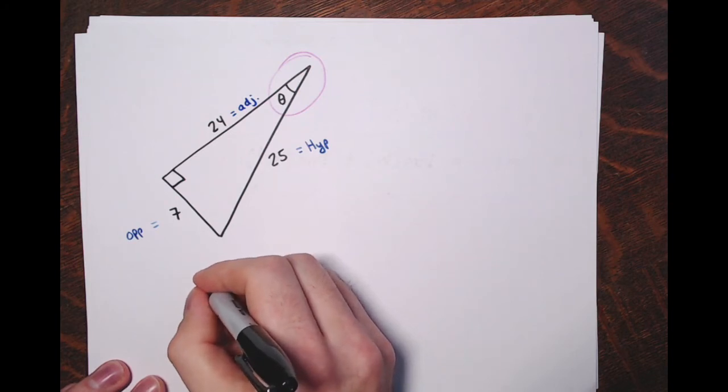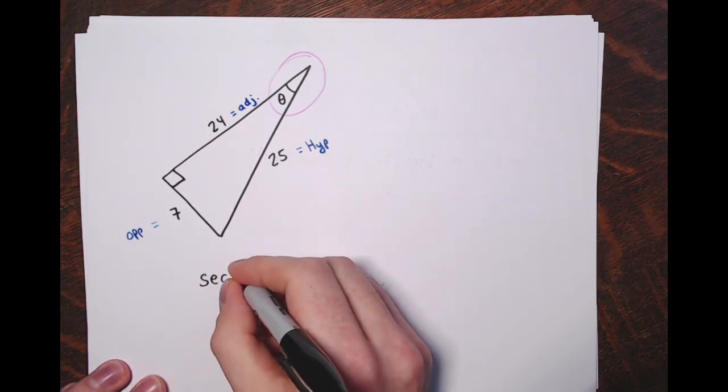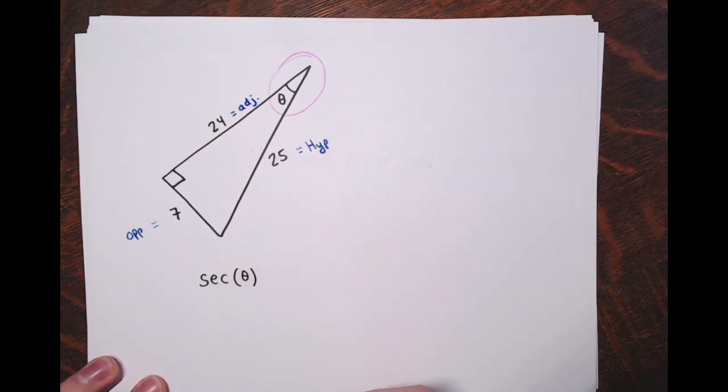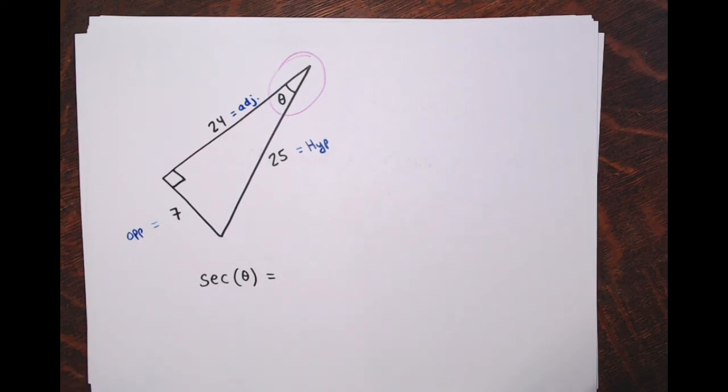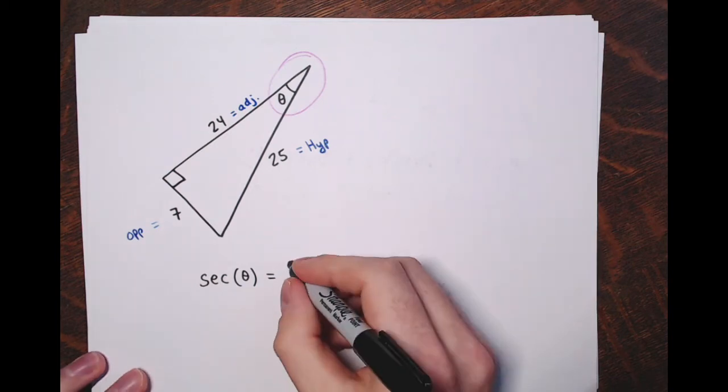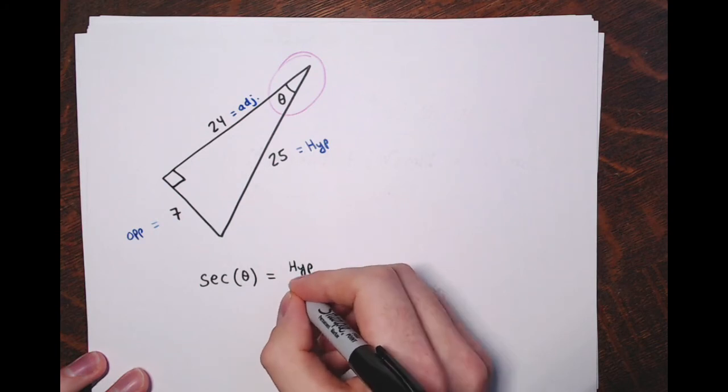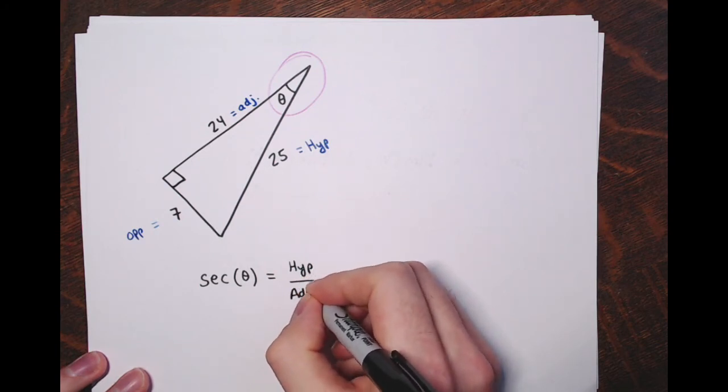They're asking us, what is the secant of theta? Remember, I've mentioned this already, the secant is the reciprocal of the cosine. Cosine was adjacent over hypotenuse, so secant is hypotenuse over adjacent.